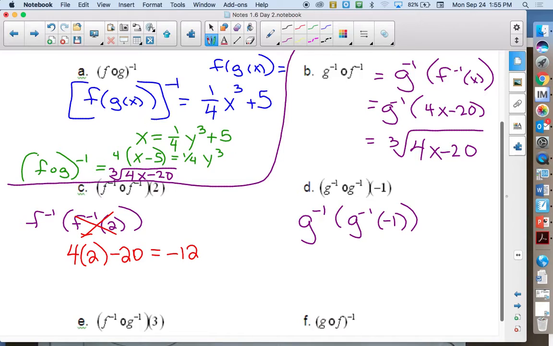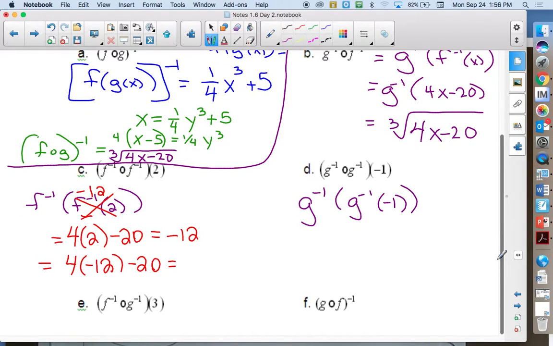So this is now negative 12, and you're plugging that in another time. So 4 times negative 12 and then minus 20. You're using the f function twice. What's that equal to? Negative 68, yeah. So you're plugging the 2 into the inverse of f first, getting an answer, then plugging that answer back into the inverse of f.